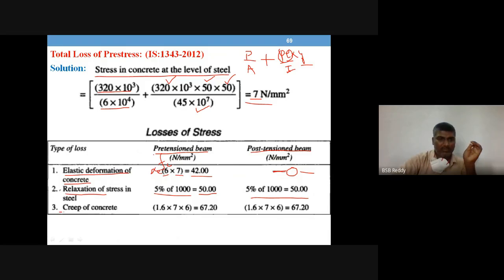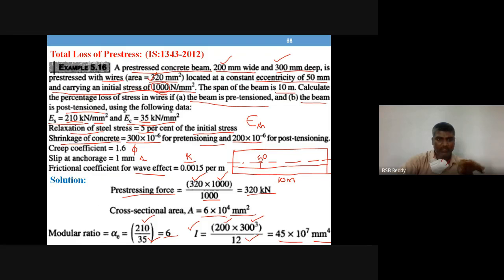Then loss due to creep of concrete is the same for both. It depends on the creep coefficient phi, the stress at the level of steel, and also the modular ratio alpha e. Phi is 1.6, given, I mean the creep coefficient.